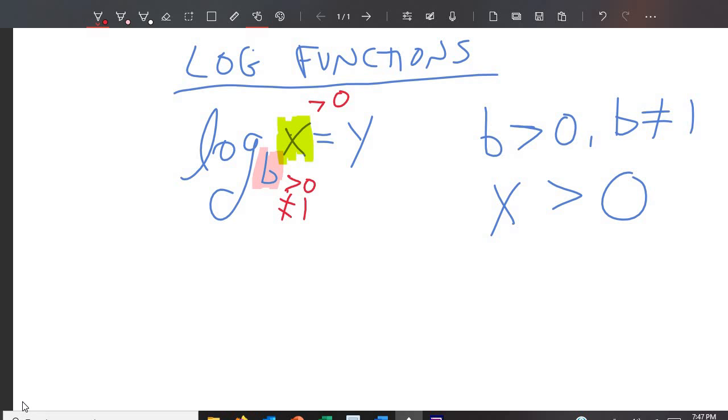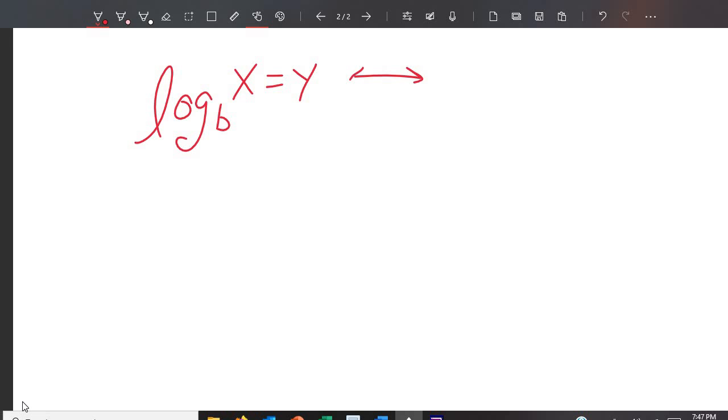Now, like I said, the logarithm is the inverse of an exponential function. Here is the relationship between the log and the exponential. This little number here is the base of the exponential function.